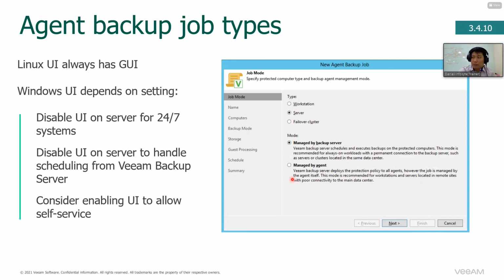If you choose managed by agent, the UI will be enabled by default in your local agent machine. So you can bring up the UI to see what the current configuration is, even doing some manual operation on your machine, maybe a manual backup, things like this. Okay. So this is a bit different as compared to managed by server and also Linux.